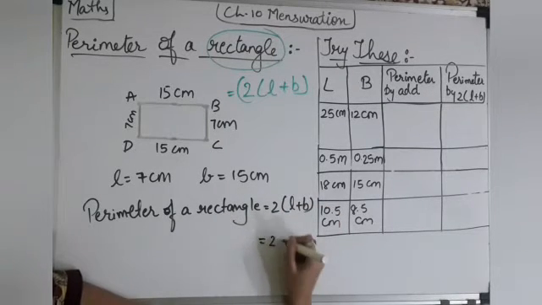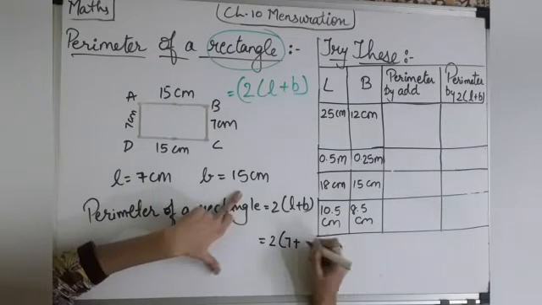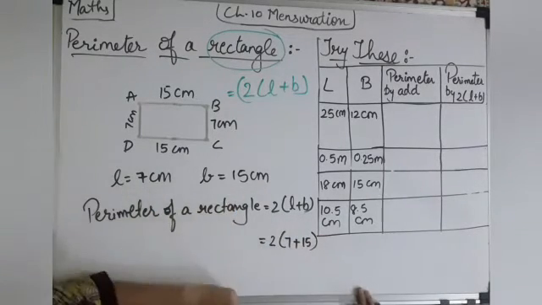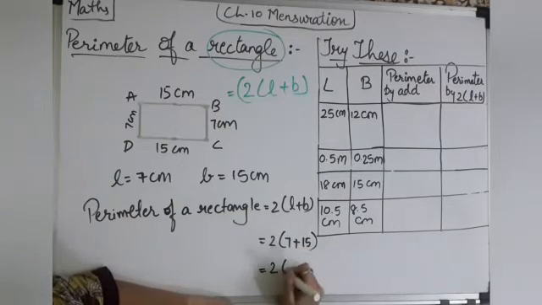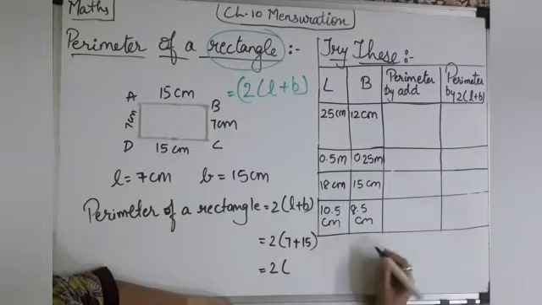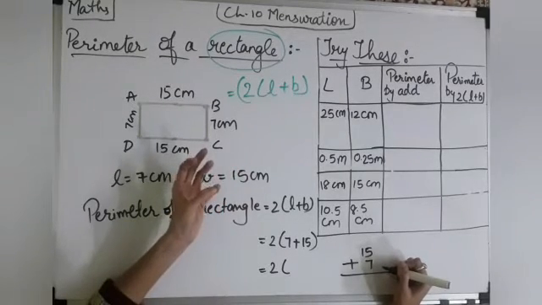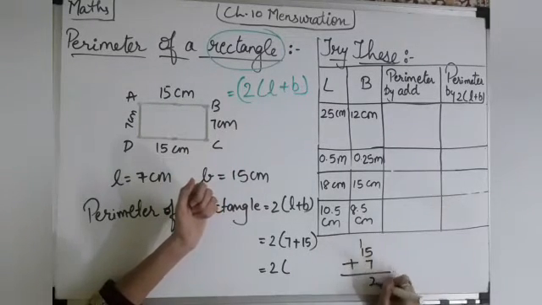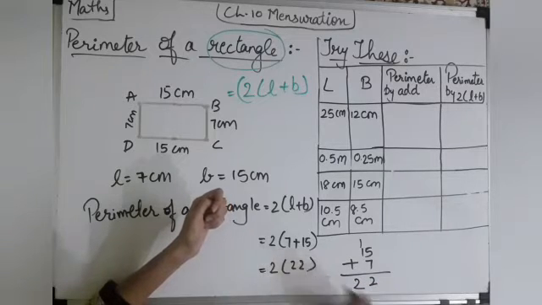So 2 I will write like that only. Length is 7 and breadth is 15. Okay. So first we'll do the addition. So 7 plus 15. If you do not know, 15 plus 7: 7, 8, 9, 10, 11, 12. So 2 down and 1 carry. 1 plus 1, 2. 22 is our answer. We'll write that in the bracket.